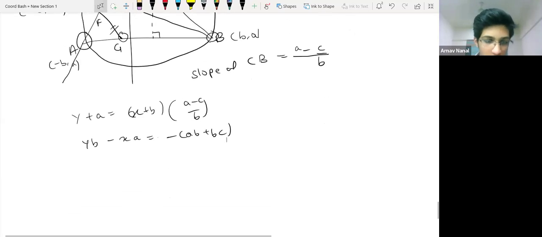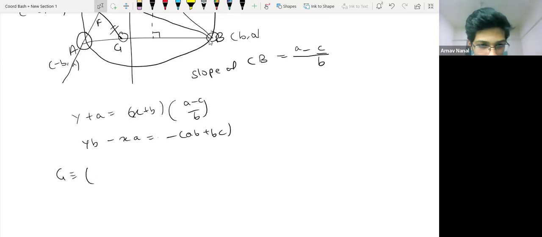Okay, so the equation of G you get directly. G is the intersection with y equal to a, right? So put y equal to a, then it's 2ab plus bc upon a comma a.